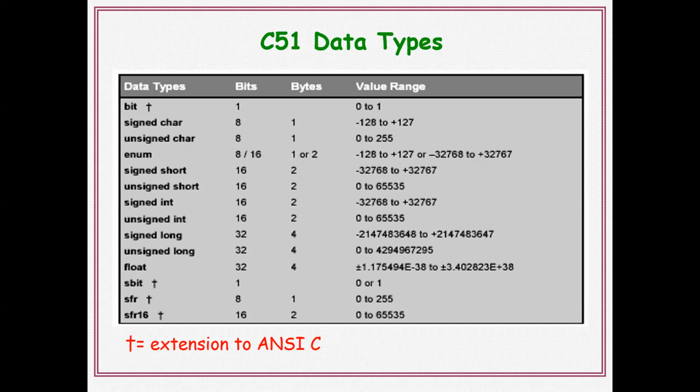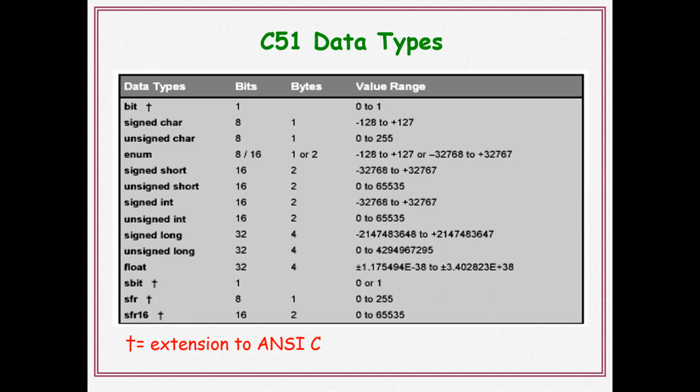Unsigned integer is also the same, 16 bits, 2 bytes, but the value is unsigned, so 0 to 65,535. Signed long, so 32-bit, that is 4 bytes, minus 2147483648 to plus 2147483647.